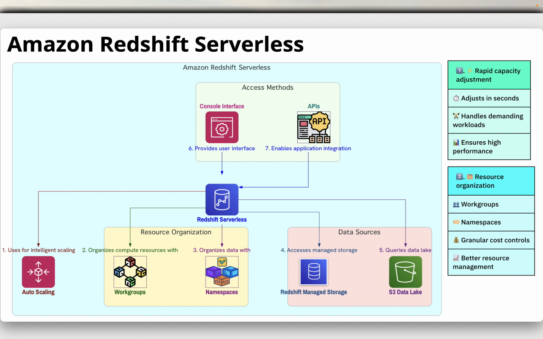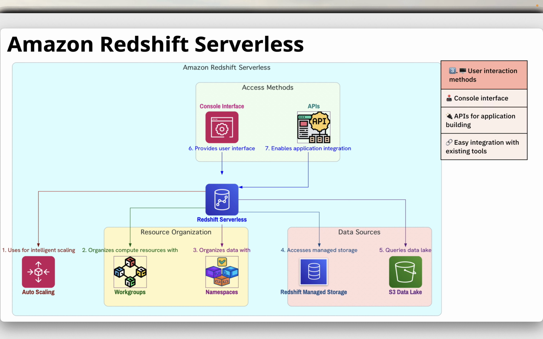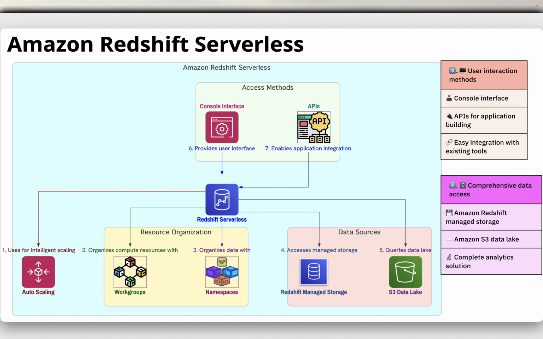So I will be covering workgroups and namespaces in the upcoming slides. Users can interact with Amazon Redshift Serverless through a console interface to reach the serverless data warehouse or use APIs to build applications. Through the data warehouse, users can access Amazon Redshift Managed Storage and the Amazon S3 data lake, providing a comprehensive data analytics solution.